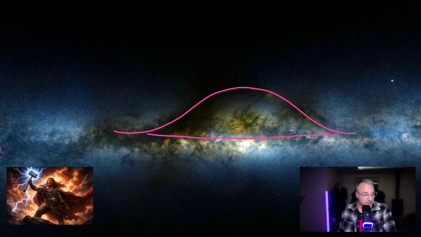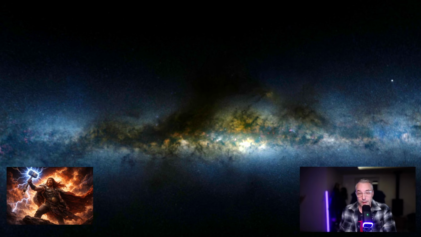Okay, but let me try to draw Thor's hammer as you know it, which is hanging around your neck. Because what they did was to cut off the two ends, so to speak, of the Milky Way.